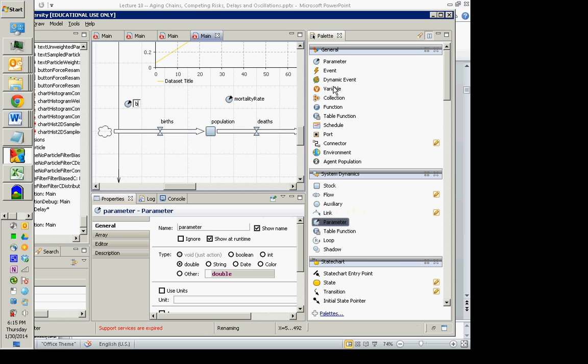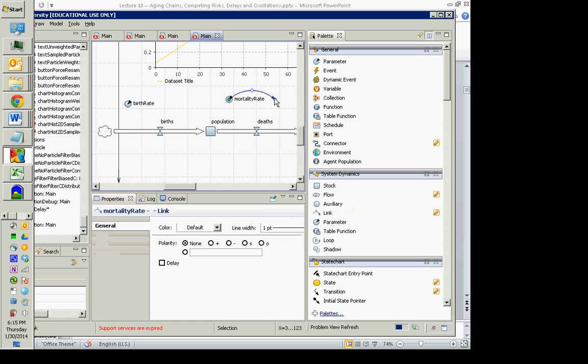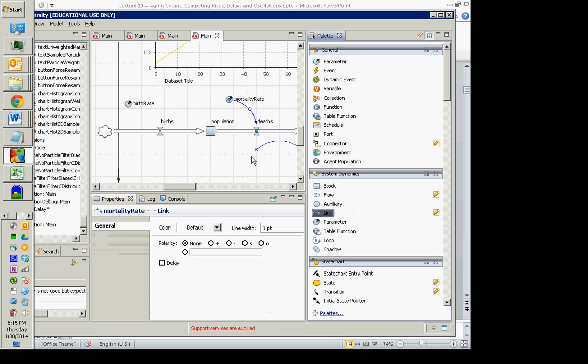Deaths depend on the mortality rate, and what else does deaths depend on? Population. If there's no one to die, no one's going to die, right? There's no one at risk of dying.